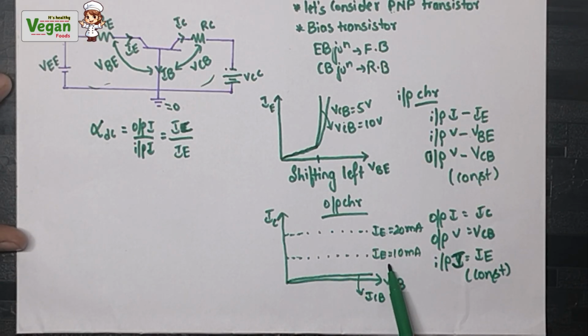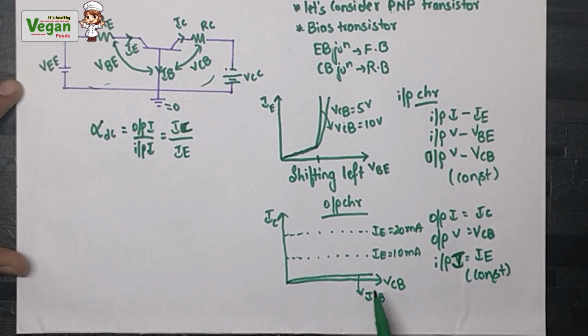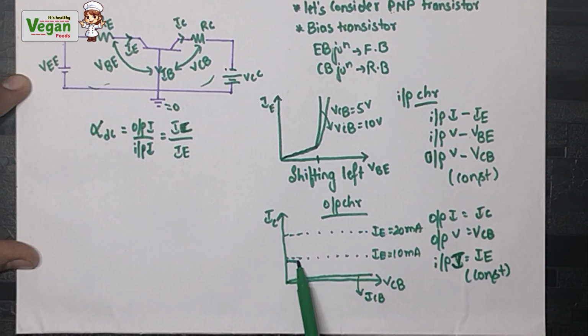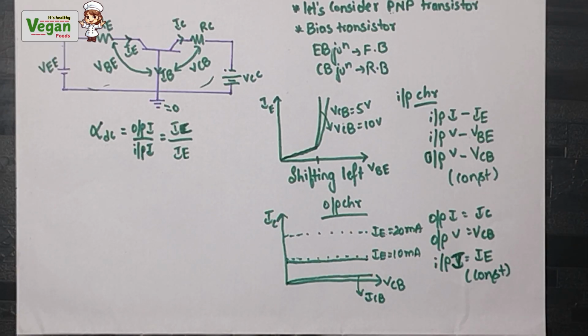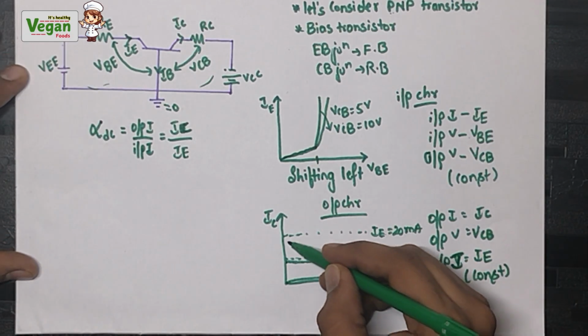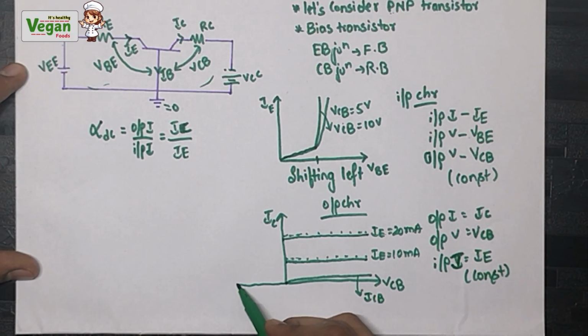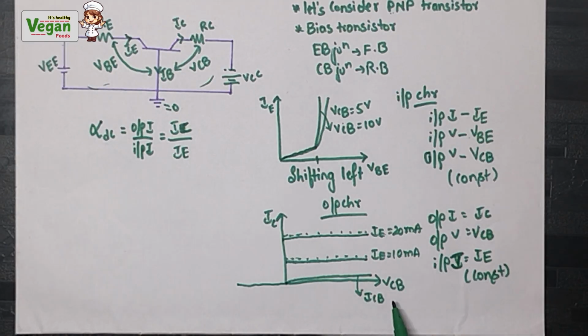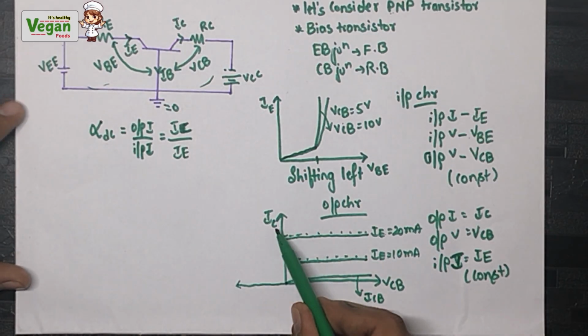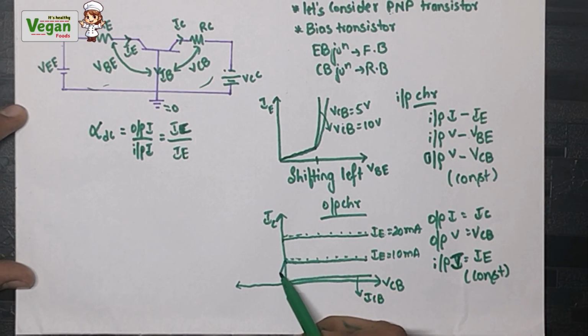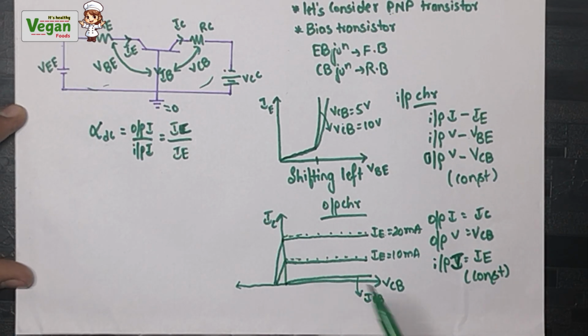Next, when the current IE is constant, that is 10 microampere, as the voltage increases, the current will be produced, but it will be slightly less than 10 microampere. That is, it will be slightly less than the constant value that we have kept. The same for the 20 microampere also, a little less than that. When we increase the value of VCB on the negative side, the minus axis, the current will drop sharply to 0.